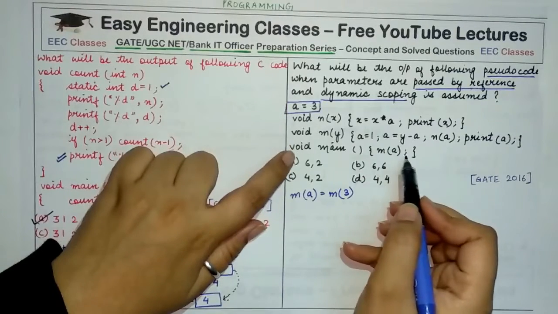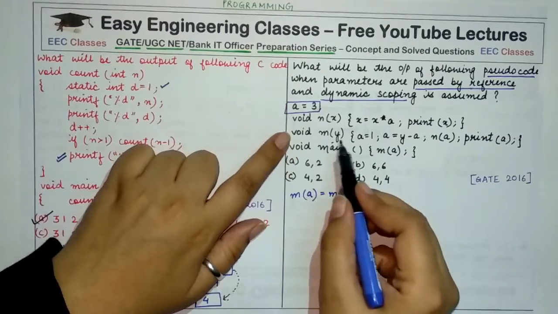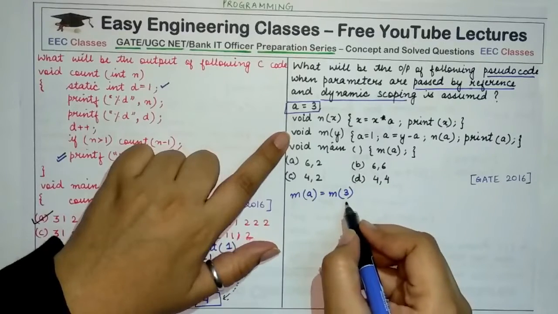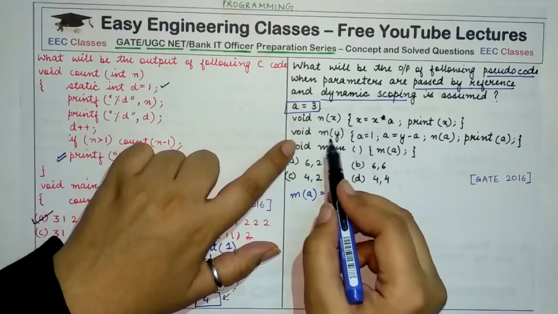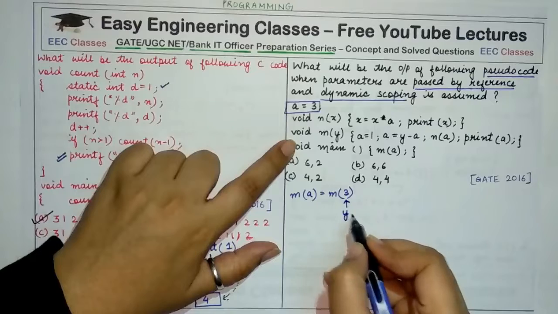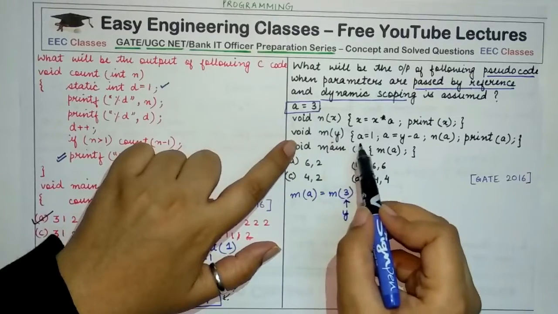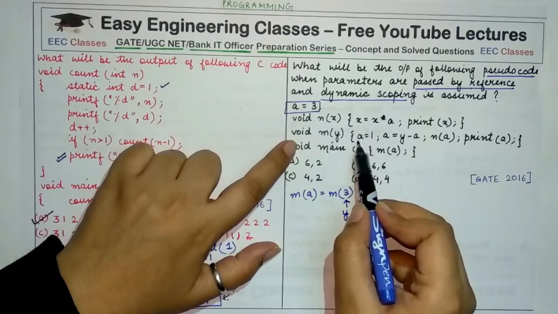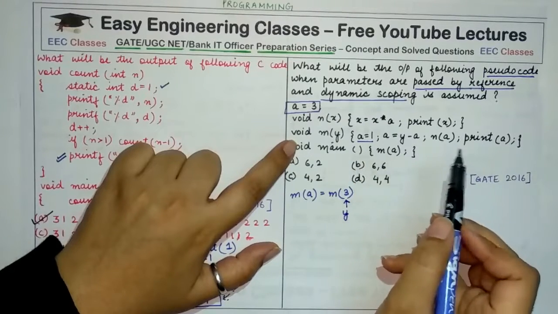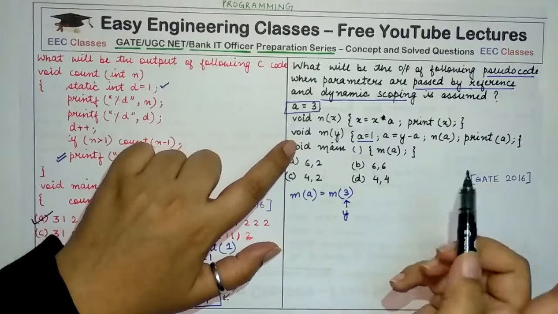Here a is not defined. Now when m of 3 is called, y gets this value in this function. Y is assigned the value of 3. Then in the m function we have the first statement as a equal to 1. Now this is a definition of a. Definition of a allocates memory to a.